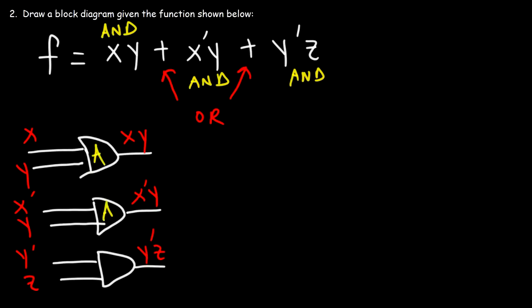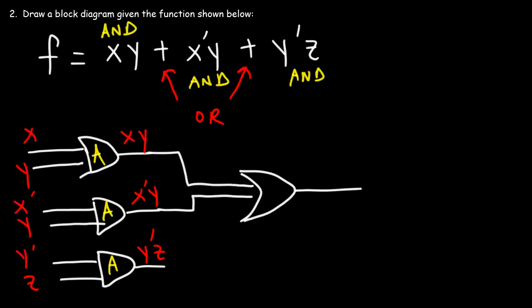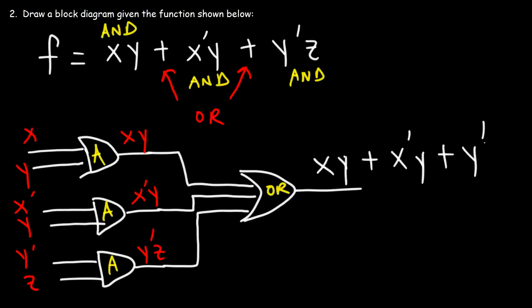Now we're going to feed these three AND gates into an OR gate. And so the output of the OR gate is going to be the sum of the three inputs. And so that's how we can draw a block diagram for this expression.